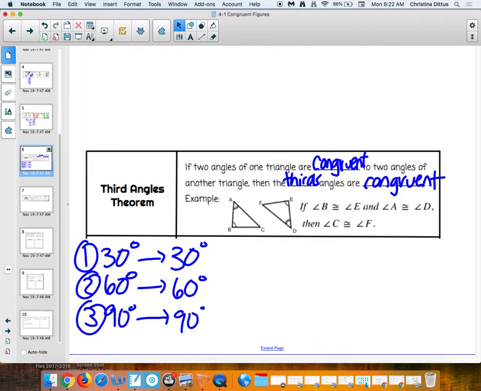So like this little thing says, if B and E are the same, and A and D are the same, then my last two have to be the same. C and F. Oh, okay. That makes more sense.